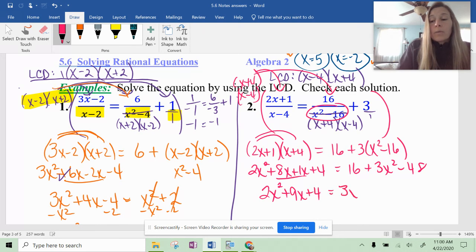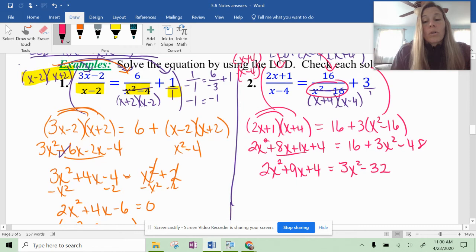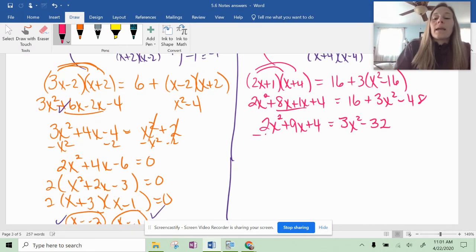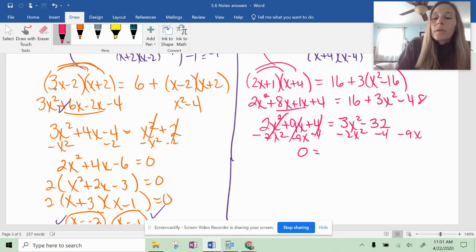And on this side we have 16 minus 48, which is negative 32, right? And then we want to get our x squareds all on one side. So I'm going to move everything to the right so I don't get a negative x squared. So I have x squared minus that 9x, and then 32 and 4 is minus 36.